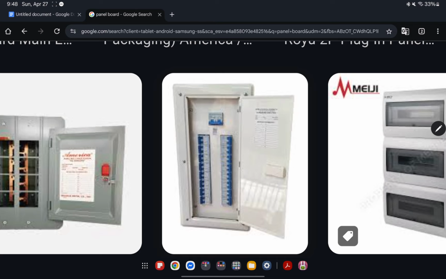But the main circuit breaker, which I think is this one, is the one that can shut off everything. The circuit breaker is just for one circuit, while the main circuit breaker is in control of all the circuit breakers. So if there is, let's say, an accident and a fire, what we usually do is turn off the main circuit breaker automatically, which is this one.